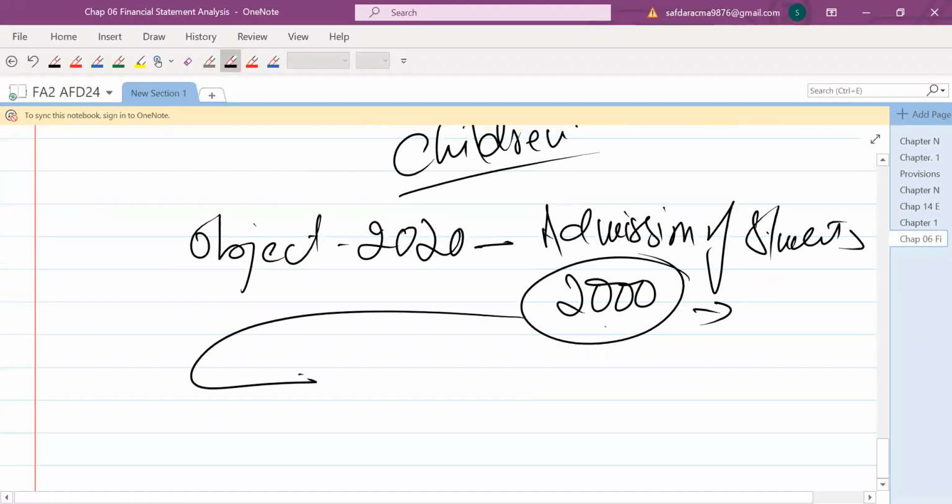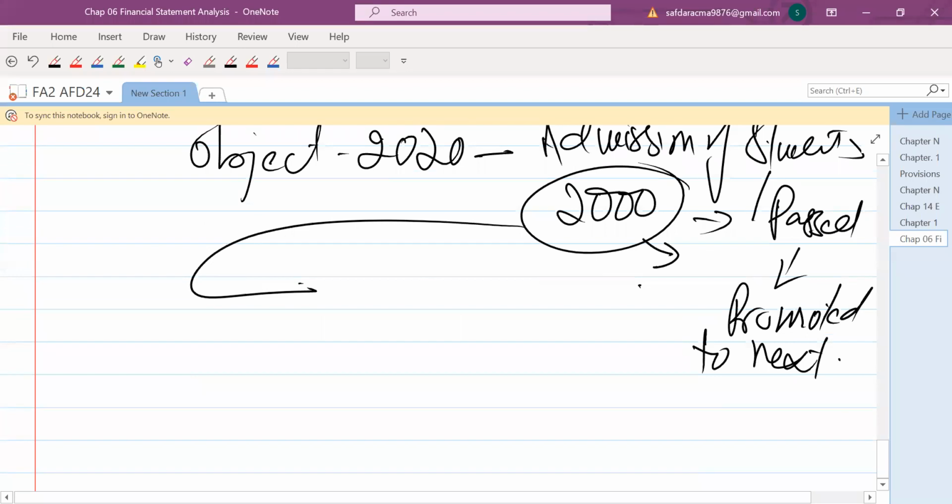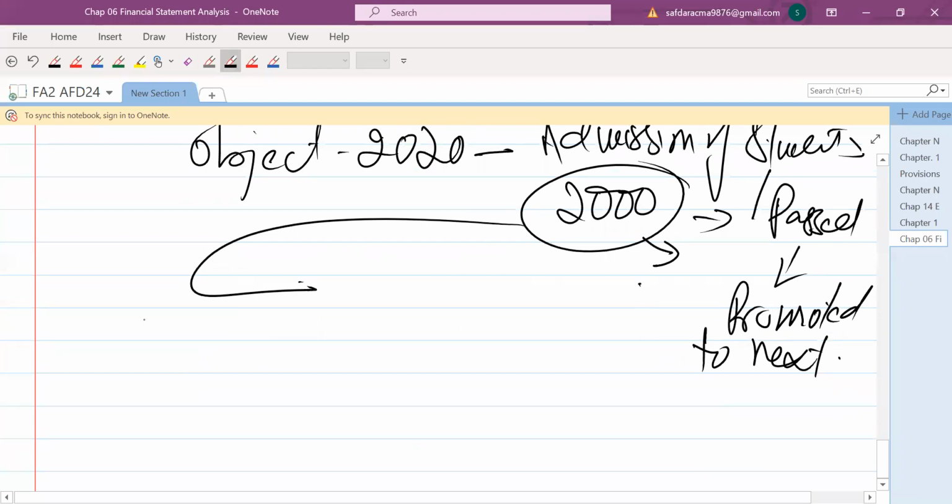And if you achieve these 2000 admissions, and these students pass and are promoted to the next class, this will be your objective. And for example, you have maximum funds, $200,000.